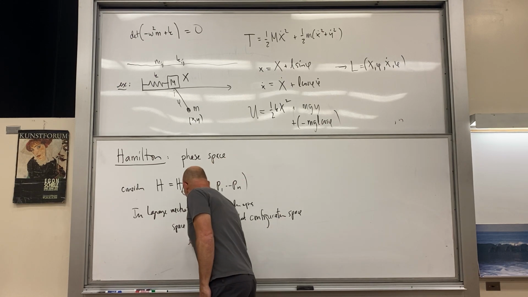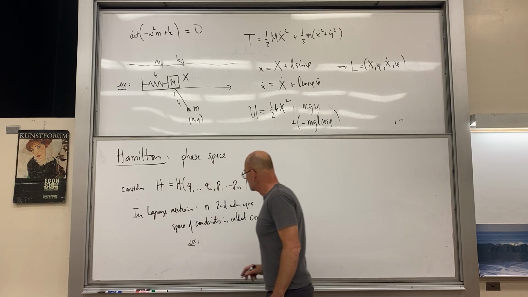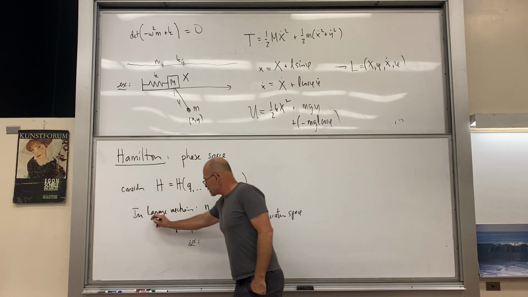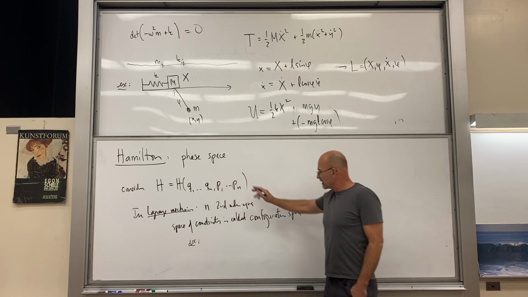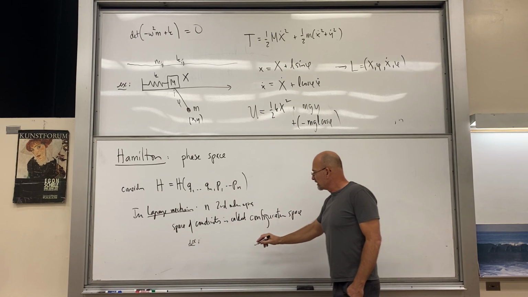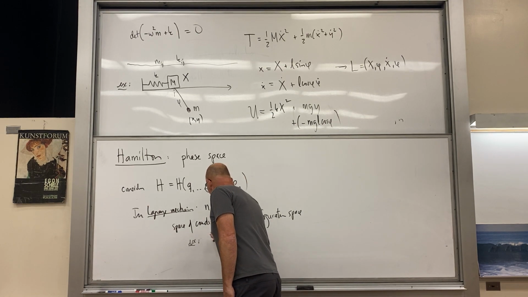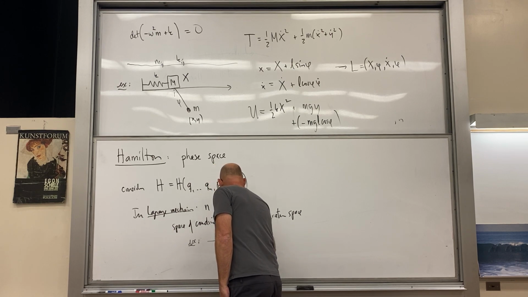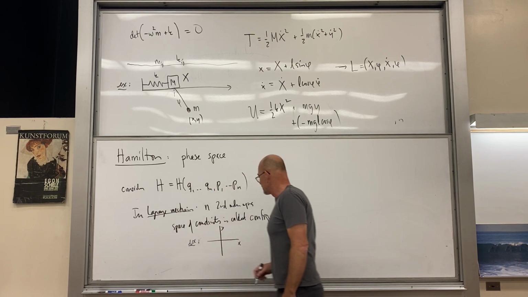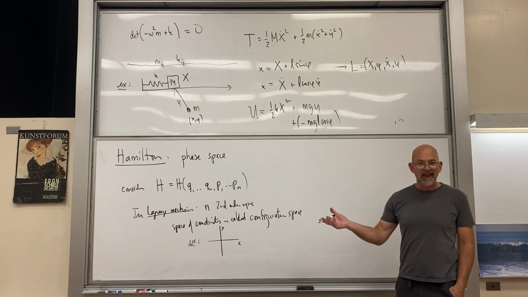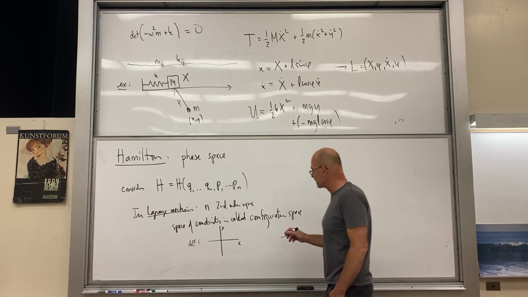But let's just make sure we have some examples here first of all. So yeah, we're talking about Lagrangian mechanics now before we move on. So example, the Cartesian plane for projectile motion.